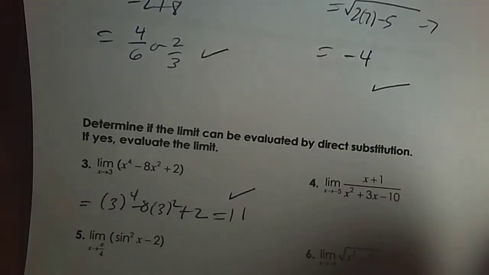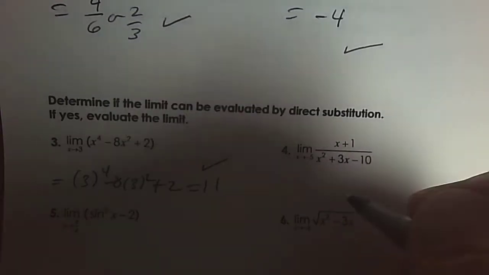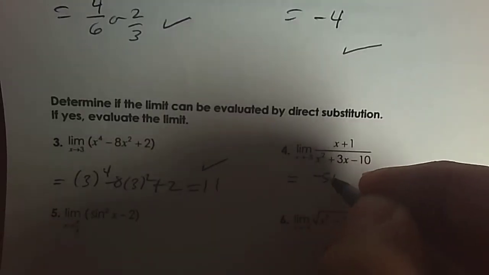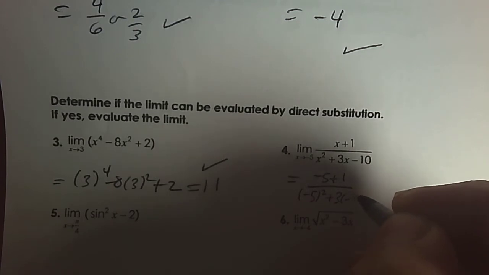Number 4. Again, substitute in -5. Remember, it's indeterminate when it's 0 and 0. These are not giving us those zeros.